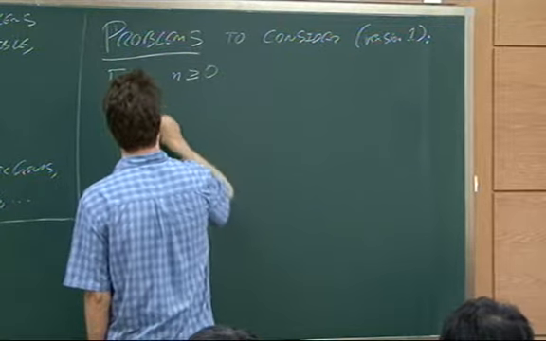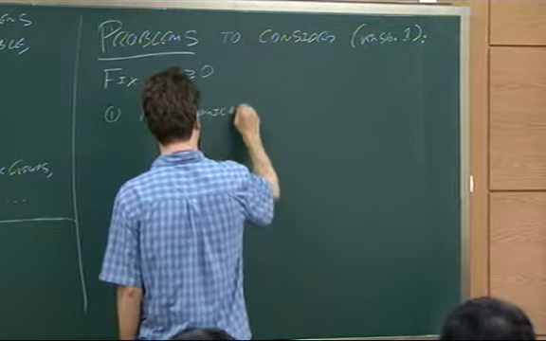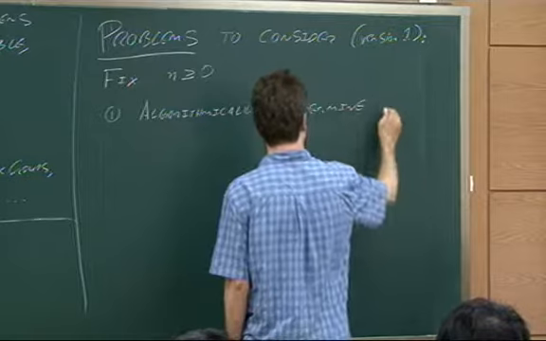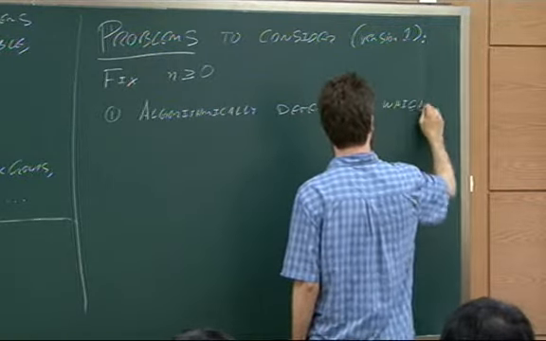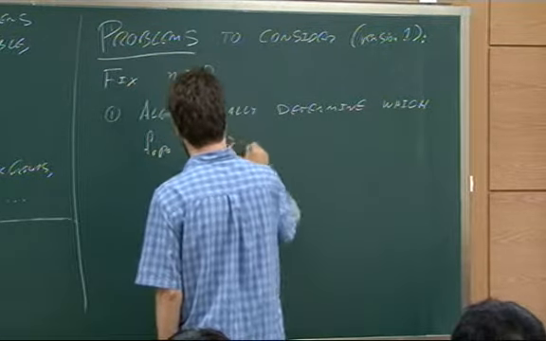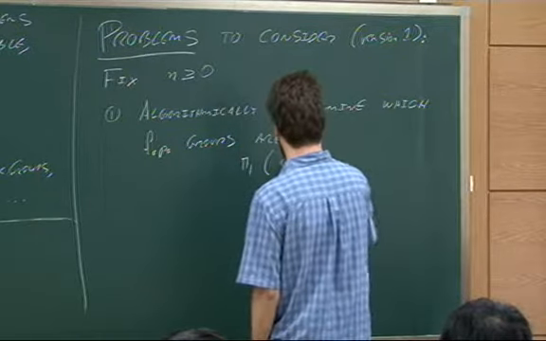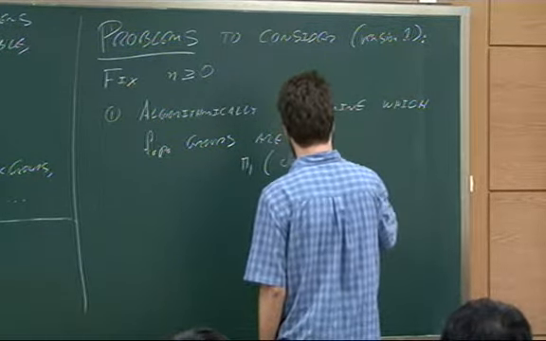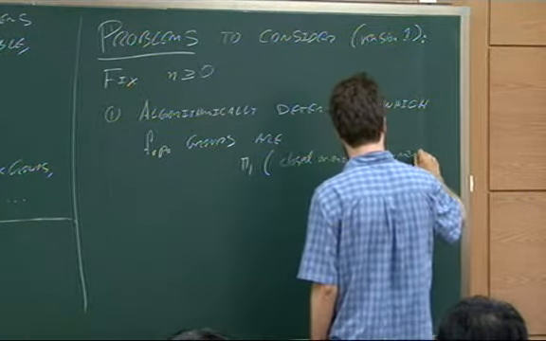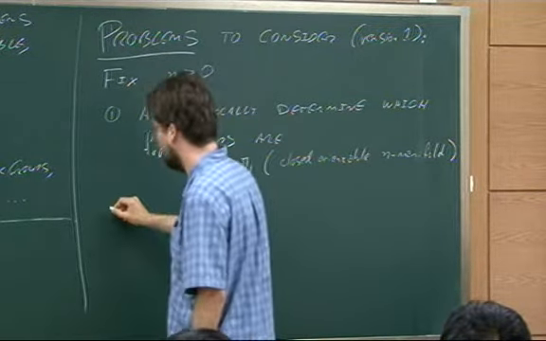So we want to algorithmically determine which finitely presented groups are pi_1 of a, say, closed, orientable n-manifold. Okay.